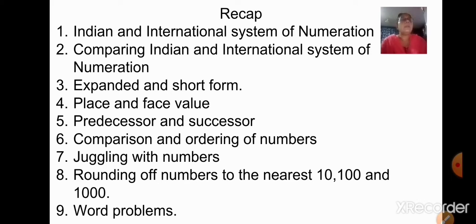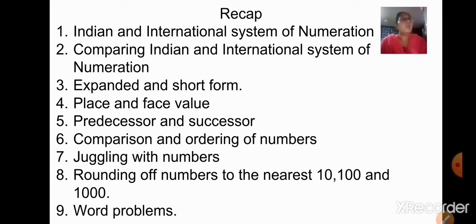We have also learned about comparing the Indian and international system of numeration, expanded and short form, also the place value and face value of the number. We have also studied about the predecessor and successor of a number. Also to compare and write the numbers in ascending and descending order.